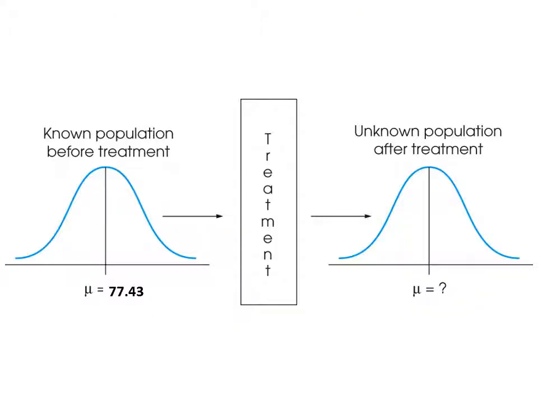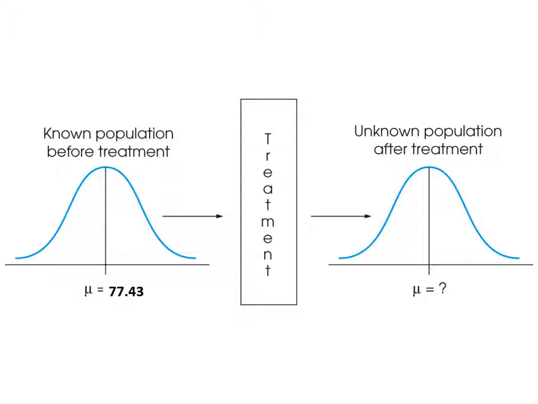The basic experimental situation for using the t-test and the z-test is like this. It is assumed that the population mean is known before treatment. In our example, it's 77.43, the social functioning score of the general population.